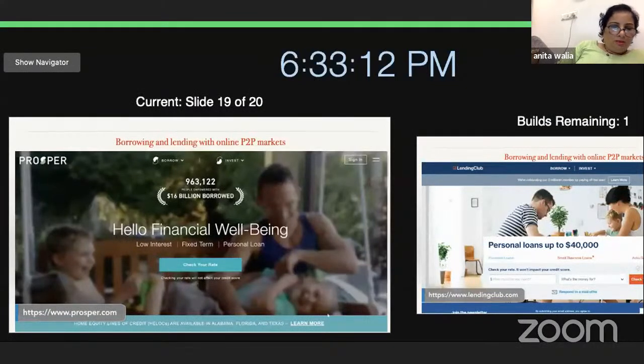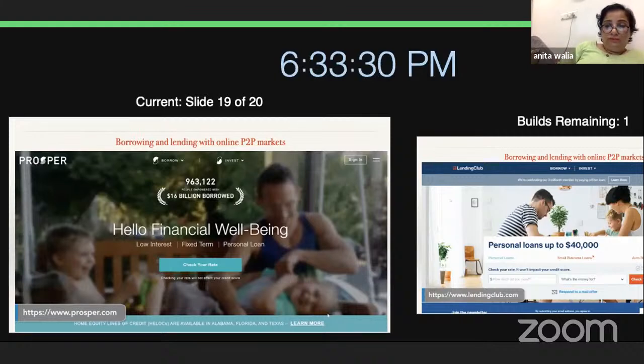Okay. So borrowing and lending on P2P, the peer-to-peer market. Another major area of fintech is online lending. Lending Club is one of the biggest online lenders. As the name suggests, people can borrow money online.